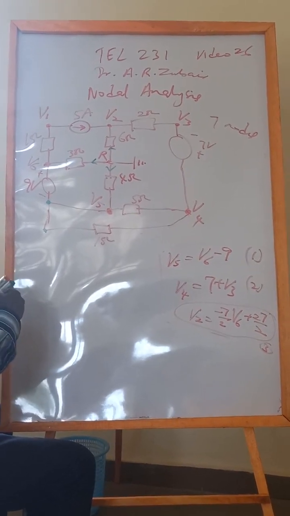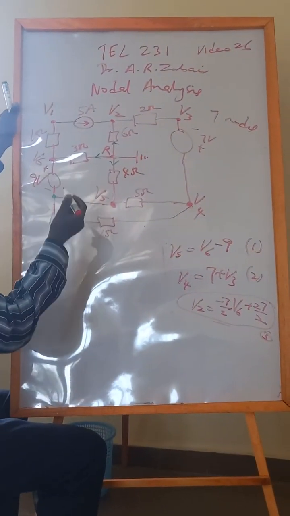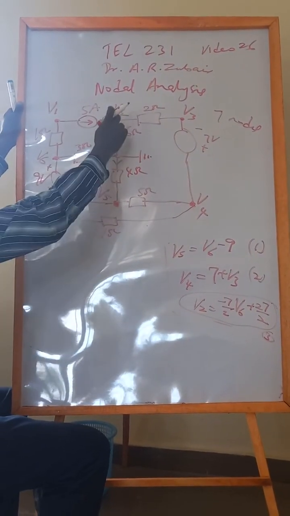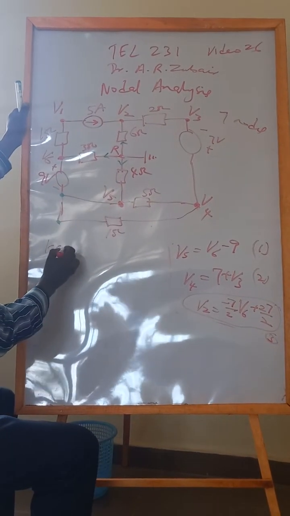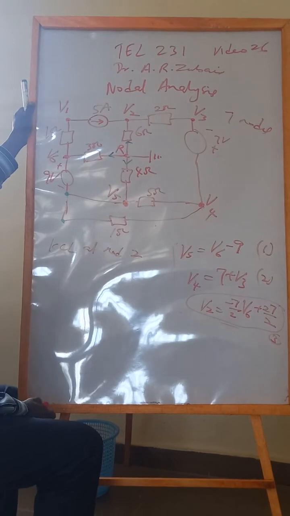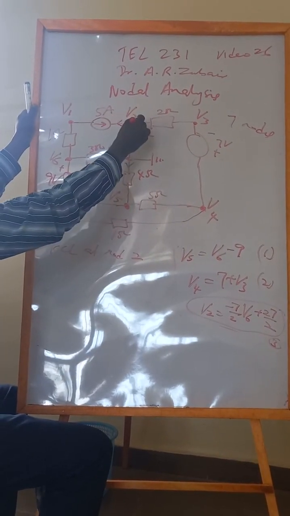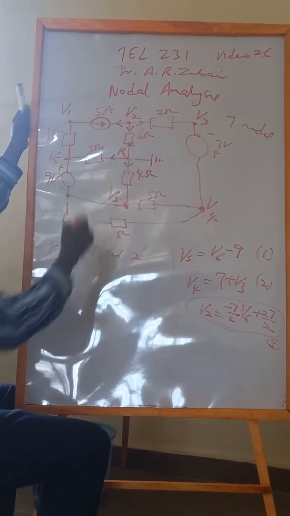That is that. So let's now look at another junction. Let's pick this junction. KCL at node 2. Let me assume that these 3 currents are also going away.